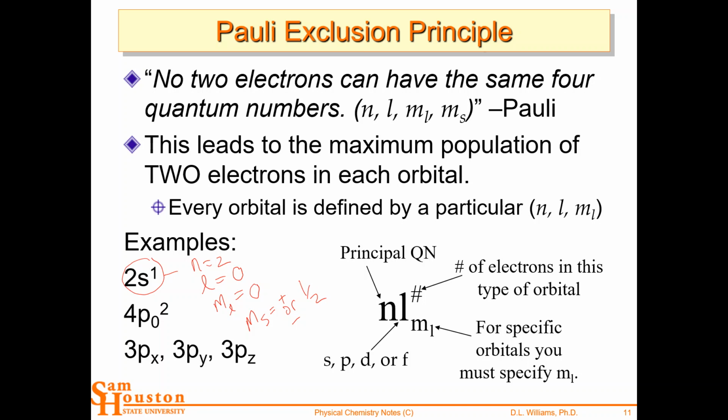A lot of times we put the M sub L down as a subscript, and so in that 4p 0 with 2 electrons, we have 2 electrons in the 4p orbital with M sub L equals 0. The X, Y, and Z, a lot of times we'll put this atomic system in a Cartesian coordinate system, and so we'll have a p orbital along the x-axis, one along the y-axis, and one along the z-axis.